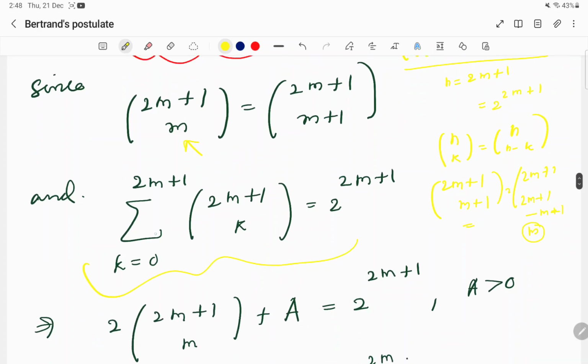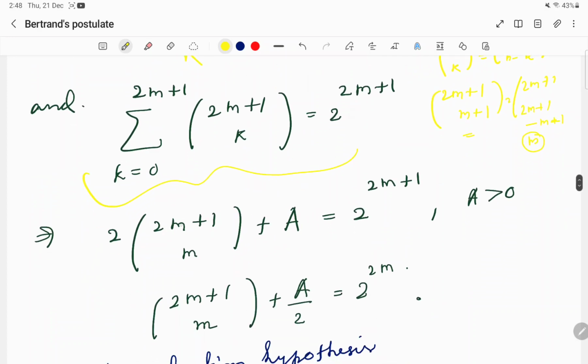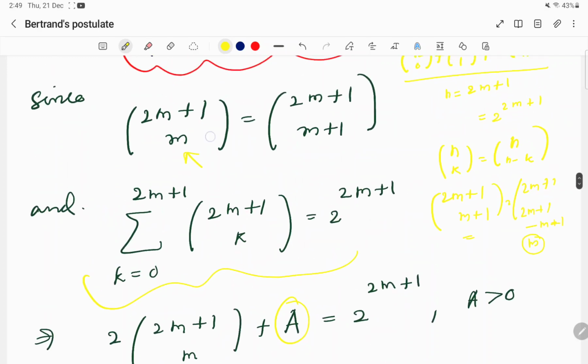Okay, so now look at the sum here. In this sum they both are equal, so I can rewrite the sum like this: 2 times 2m plus 1 choose m plus a factor a equal to 2 raised to 2m plus 1, because these both are available as a summand in the left hand side.